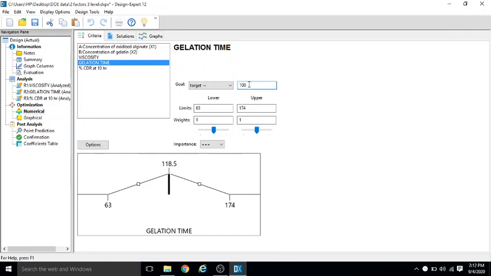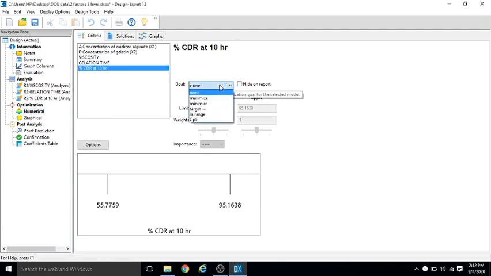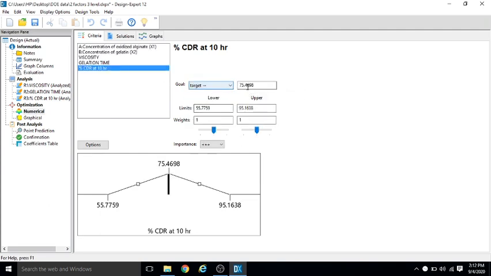Okay, so I have given the target, and next is percentage CDR. So I want 94% release. I want 94% drug release at the end of 10th hour, right?